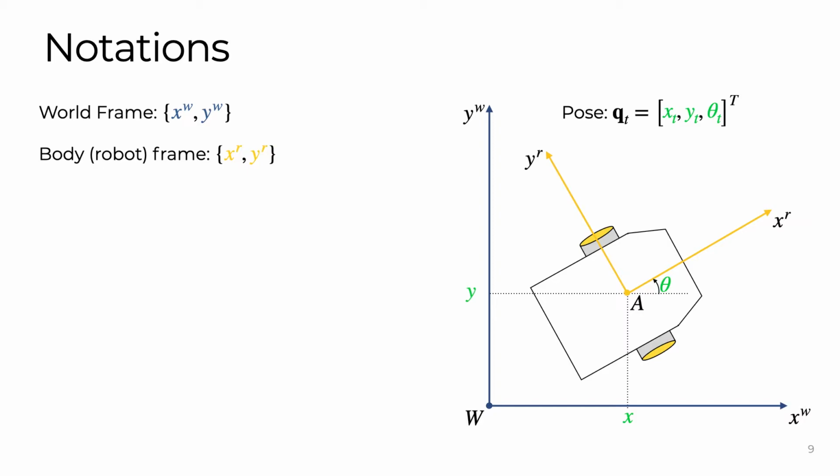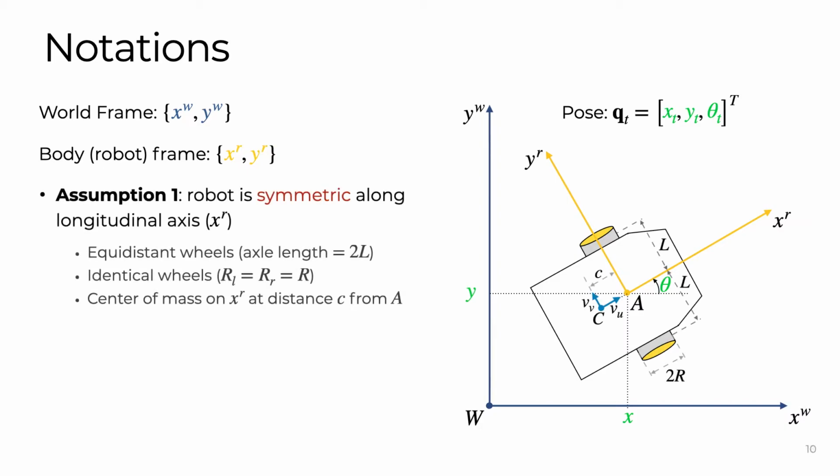We define the robot body frame so that the origin, A, is in the mid-axle point. We assume that the robot is symmetric along its longitudinal axis, and we take it as the x direction of the robot frame.